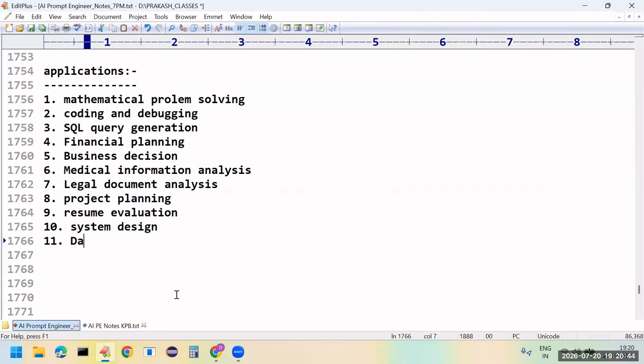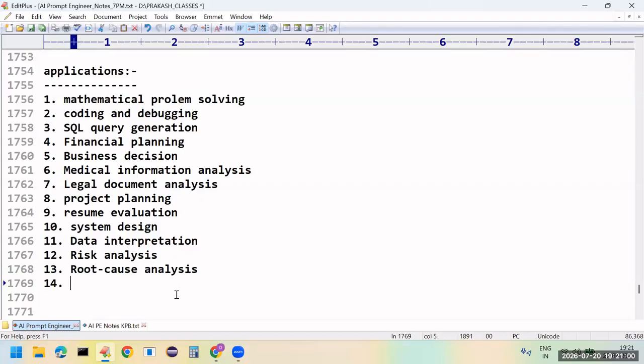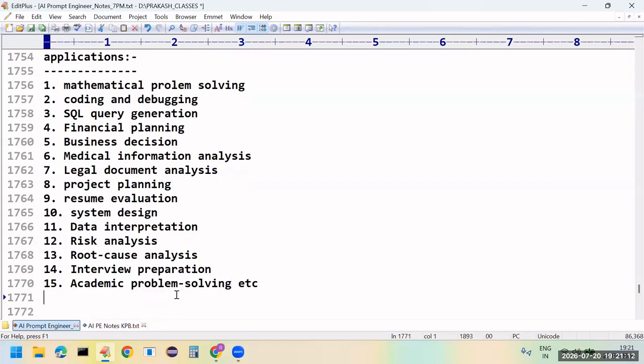Even for data interpretation, risk analysis, and root cause analysis. Even for interview preparation and academic problem solving also. So many application areas are there in real time.